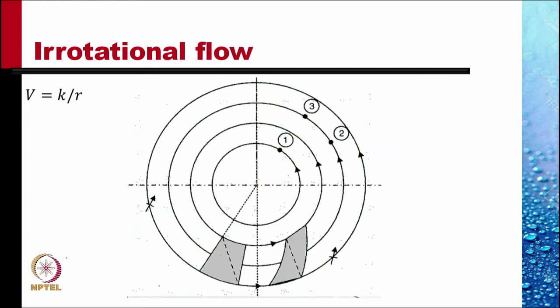In fact, we can show, and we will show later on, that if the velocity is like k by r, the velocity in a free vortex or the velocity in a model hurricane or a tornado, the velocity decreases as r increases linearly, and we can show that even though the particles are moving in circular path, each fluid element is not rotating.